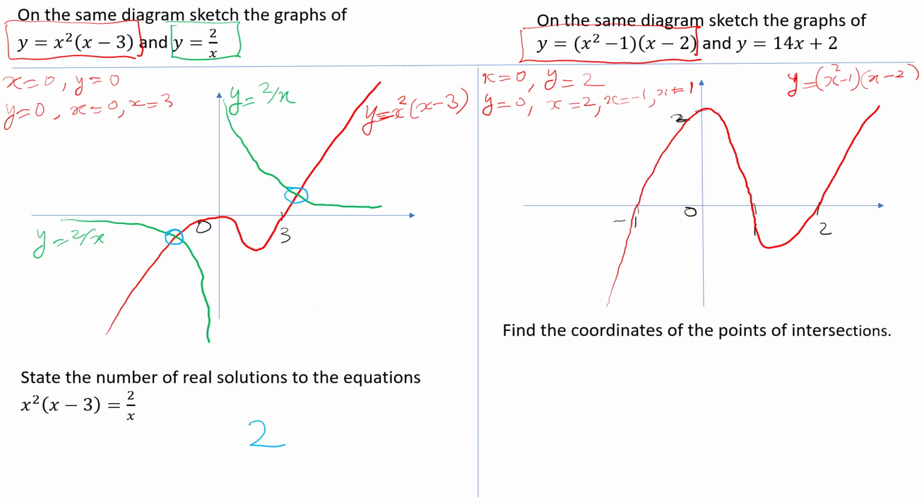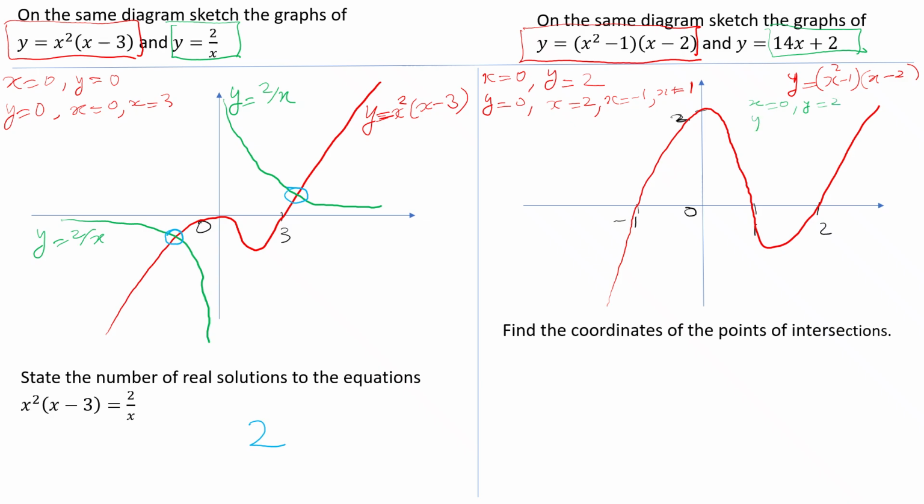The second graph, y equals 14x plus 2, is a straight line graph. So I'm going to draw the green line. When x equals 0, y equals 2.